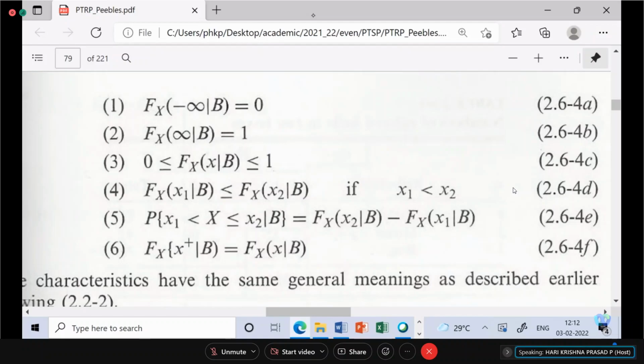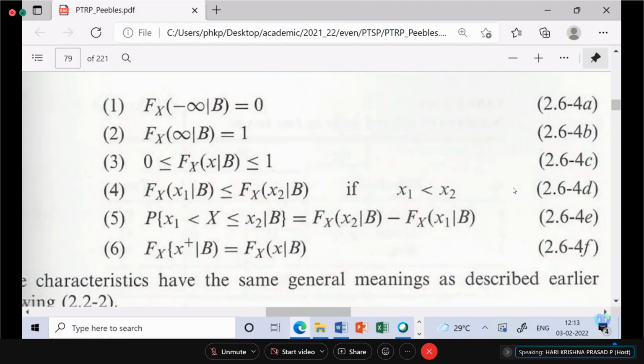From the first two properties, I don't get the idea that the distribution function can never be greater than 1. But the third property puts that point straight. So the third property says under no circumstances can the distribution function take a value greater than 1 or less than 0. Is it fine?